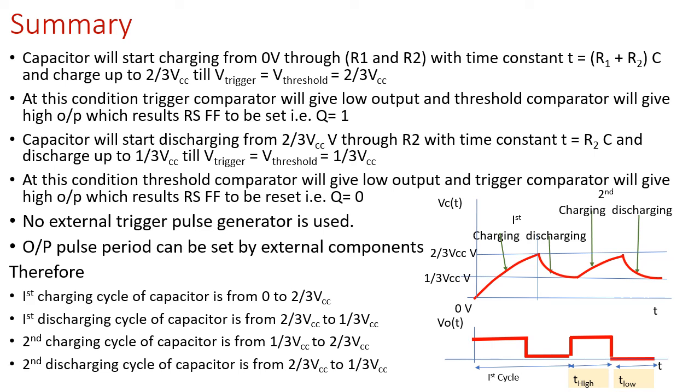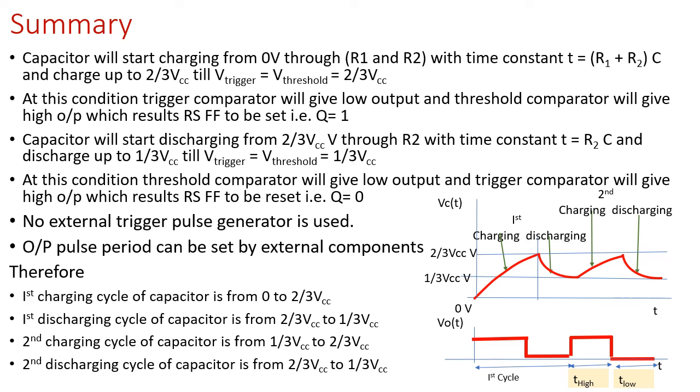In this circuit, we did not require any external trigger pulse generator. In the first charging cycle, the capacitor will charge from 0 to 2/3 VCC. In the first discharging cycle, it will discharge from 2/3 VCC to 1/3 VCC. The second charging cycle is from 1/3 VCC to 2/3 VCC, and the second discharging cycle is from 2/3 VCC to 1/3 VCC.